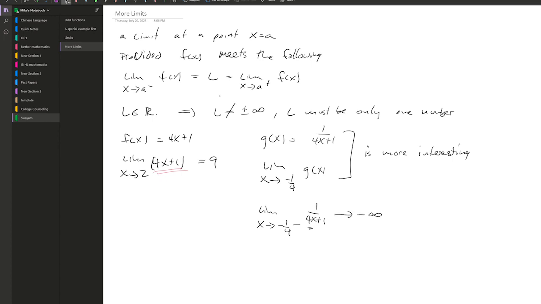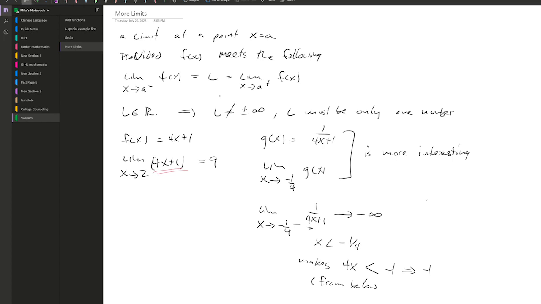So let me remind you of why. X is less than negative 1 over 4. This makes 4x be less than negative 1, but approaching negative 1. So that's kind of like from below. And so that's what's happening there.